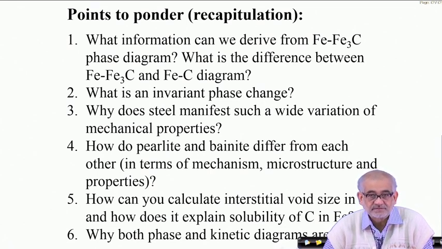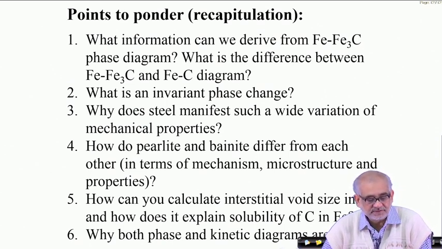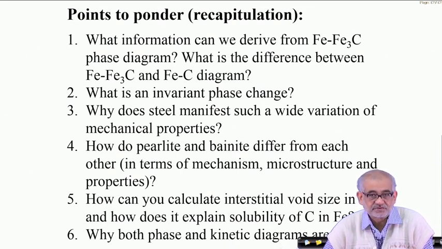The differences will be in terms of the composition of the invariant transformations and the isothermal temperatures where these transformations are happening. So we talked about various invariant transformations: all the allotropic changes, the melting of the two components, and then the three invariant transformations, peritectic, eutectic, and eutectoid. All these are very important because they determine the microstructural evolution of the alloys, not of the pure iron or pure cementite.